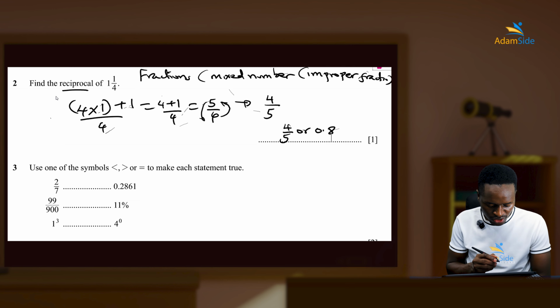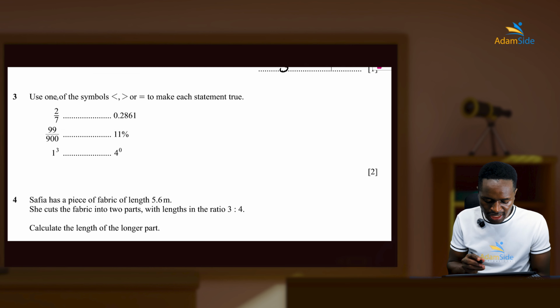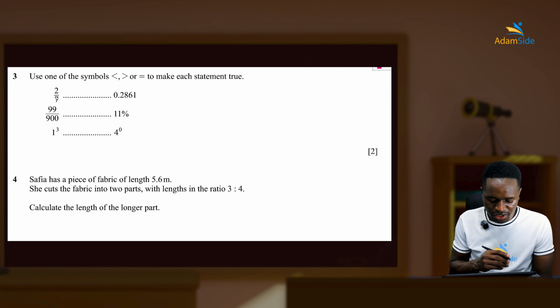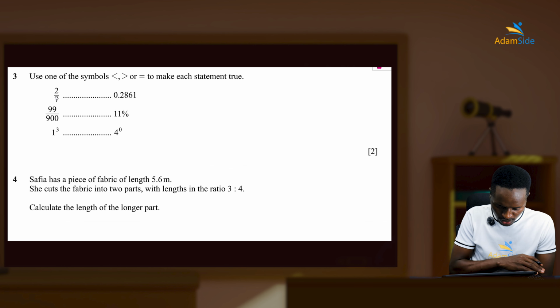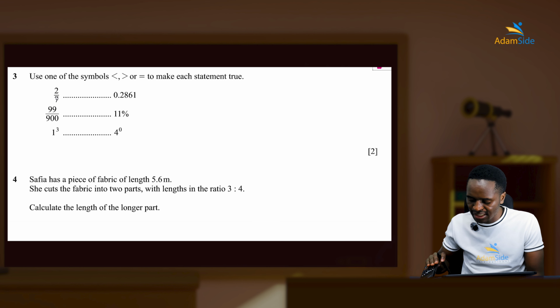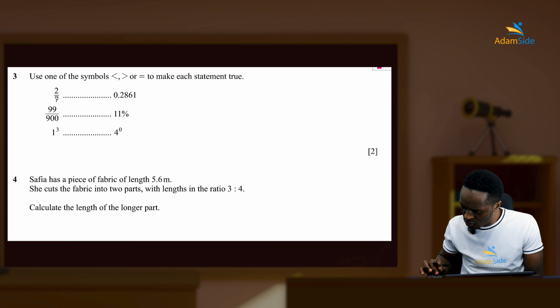Use one of the symbols less than or greater than to make each statement true. This is very simple. So 2 over 7, because this was a calculator paper, it's easy. 2 divided by 7. What's 2 divided by 7?